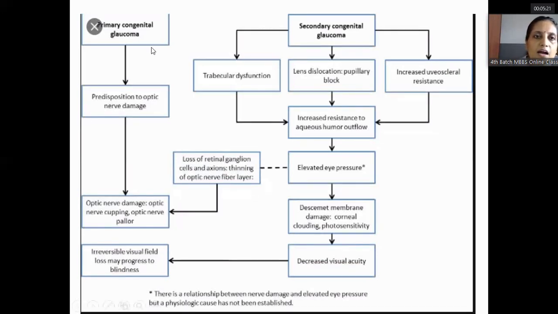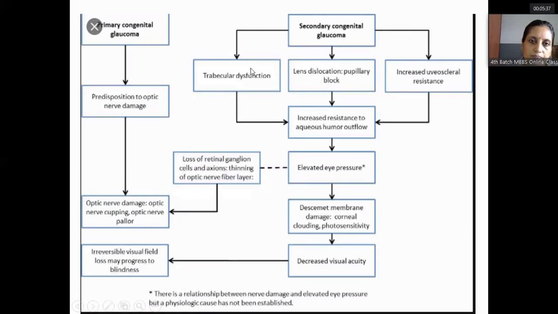So this is a chart about primary congenital glaucoma and secondary congenital glaucoma. In primary congenital glaucoma, there is a predisposition to optic nerve damage. So there is optic nerve cupping, optic nerve failure.